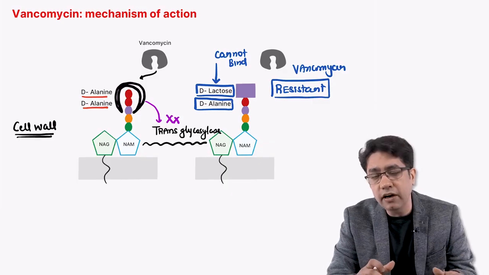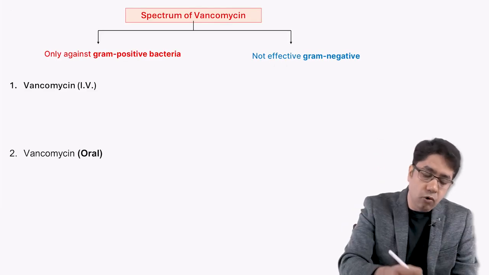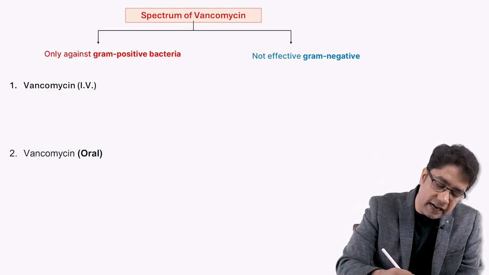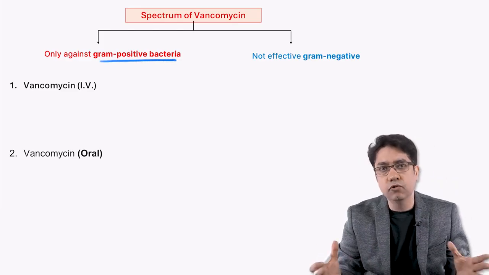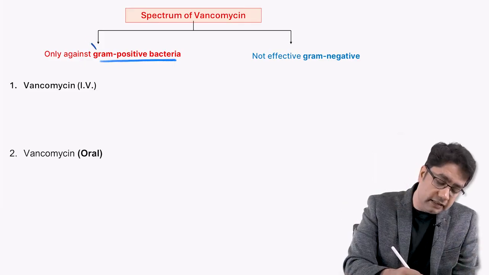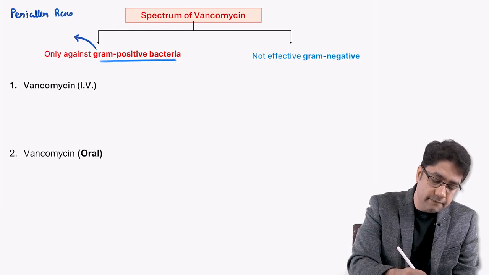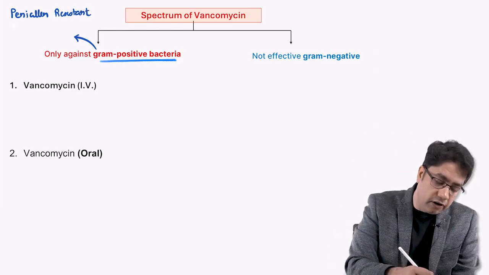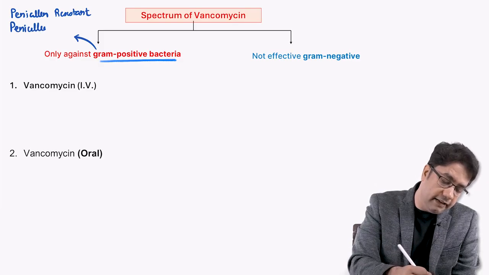So let's see, where do we use vancomycin? Vancomycin is only effective against gram-positive bacteria. But in gram-positive bacteria, we mainly use the penicillin group of antibiotics. So vancomycin is given in penicillin resistant cases of gram-positive bacteria. It is also given for penicillin allergic cases of gram-positive bacteria.